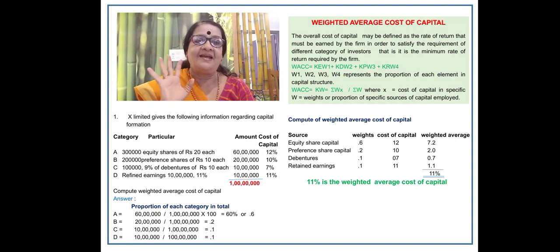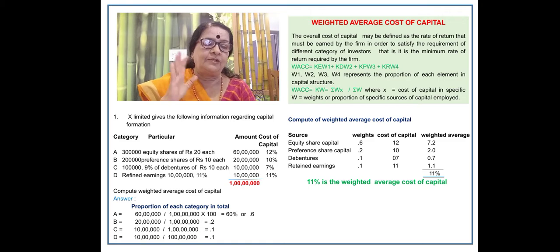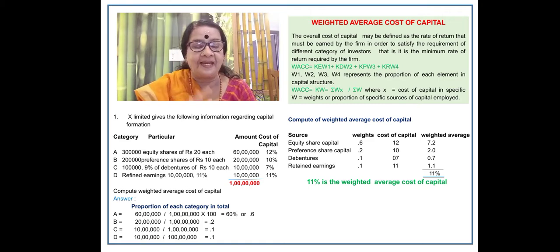That is what is meant by overall cost of capital. So a company using equity, preference and debt capital together has to work out the overall cost of capital to set its minimum expected rate of return.